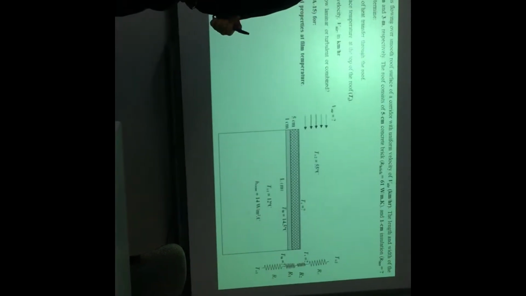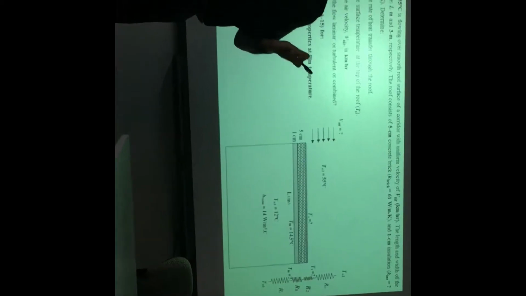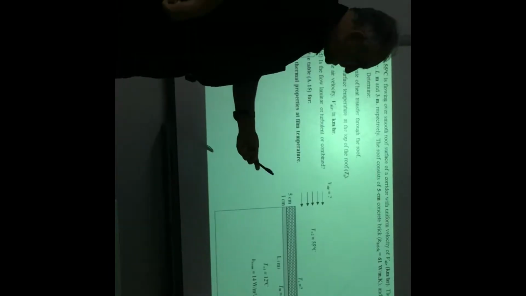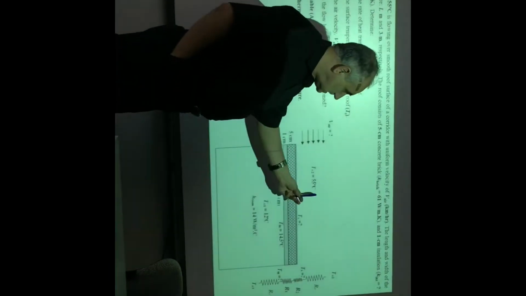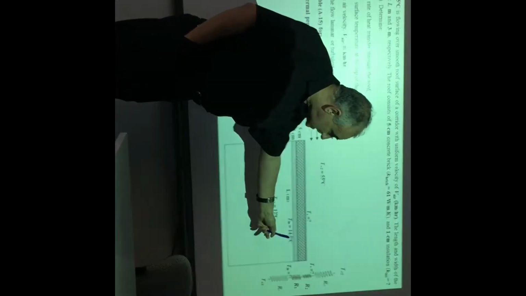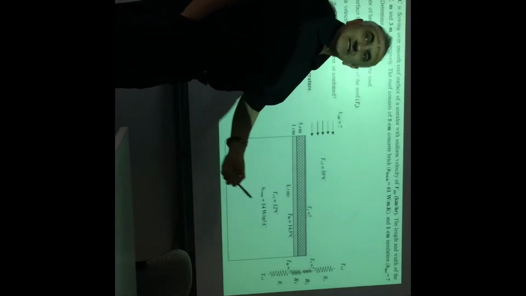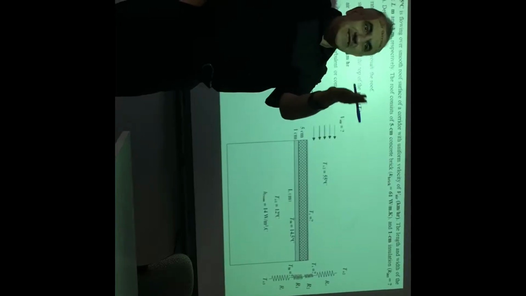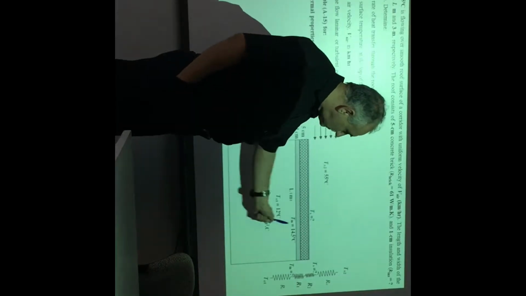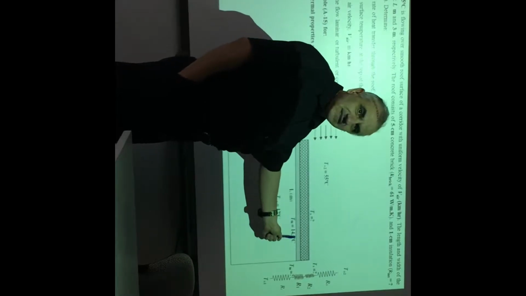What do I mean by another way? Look at the temperatures. Remember when I say always apply Q equals delta T over resistance, depending on the temperatures? We have three temperatures: temperature of outside, temperature inside, and the temperature of the inside surface. So you can apply the equation Q equals delta T over the resistance between the room and the surface.